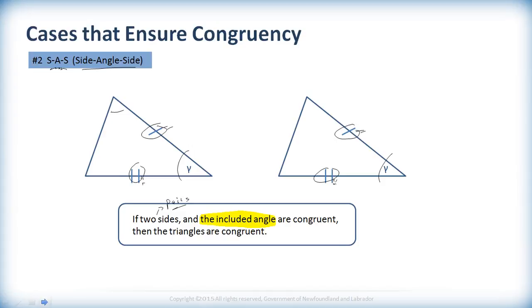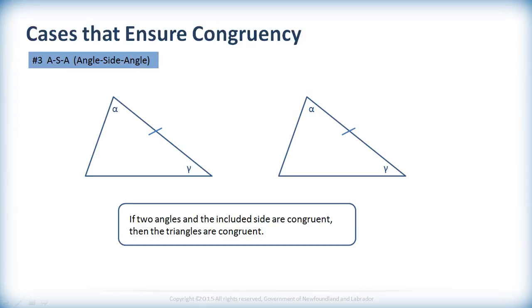The next one says ASA. Not acetylsalicylic acid, not aspirin, but angle side angle. So we have 2 pairs of angles, like alpha and alpha are the same, and gamma and gamma are the same.